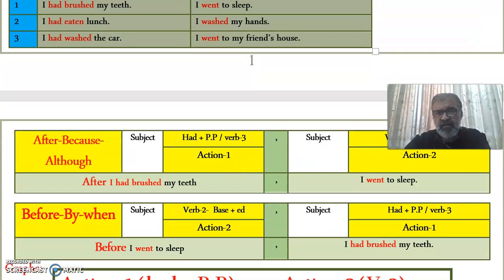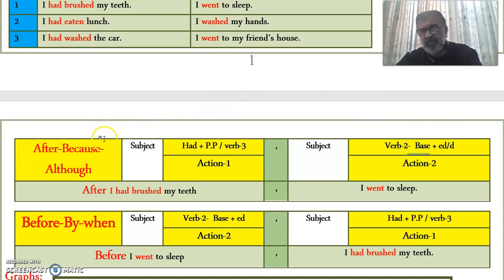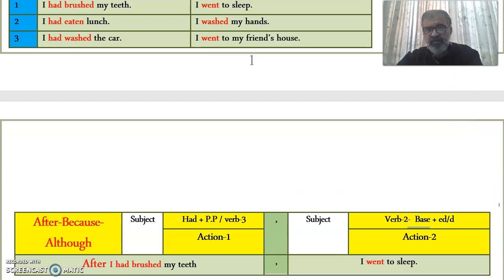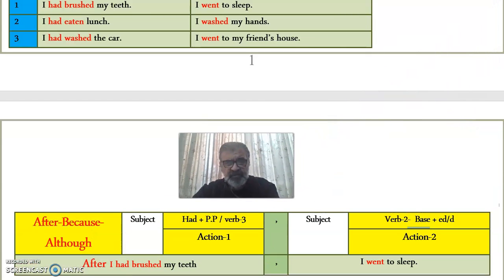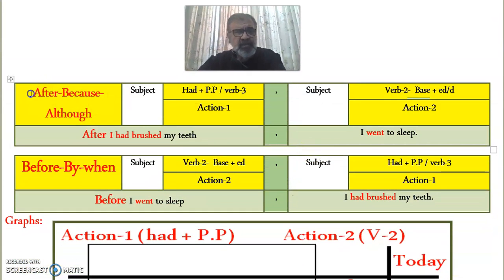Now let's see how we can use the link words. Let me just take this down so that we can provide enough space for the camera. Now the first one, we are going to deal with these three link words and these also three link words.